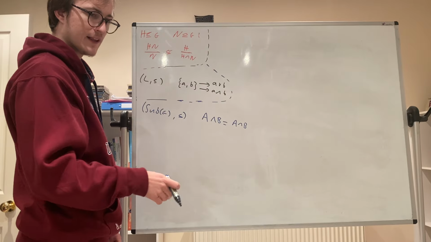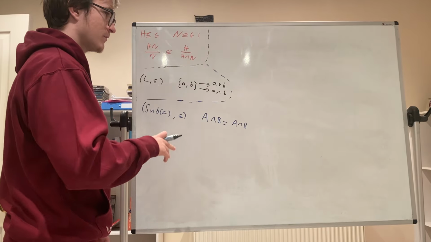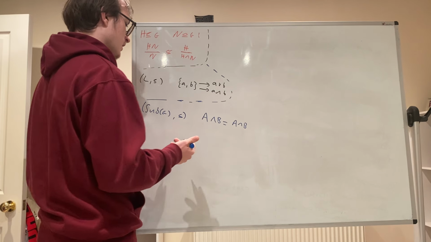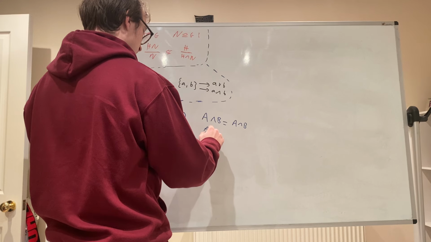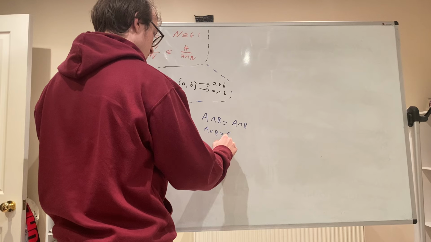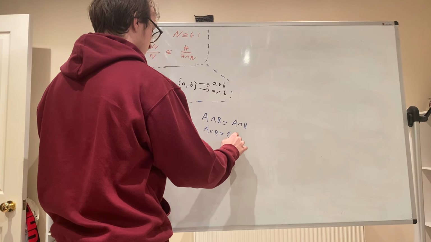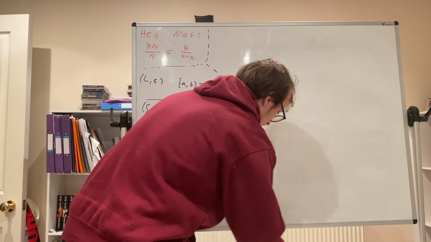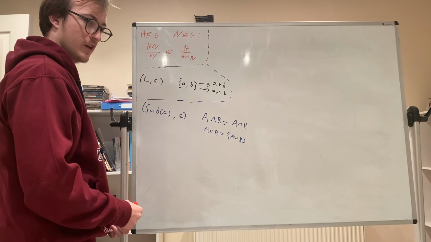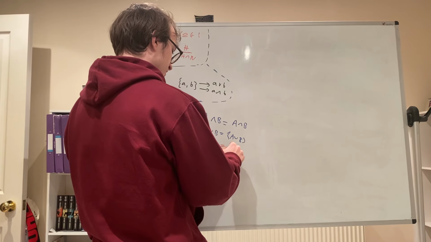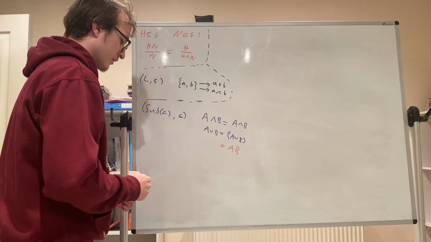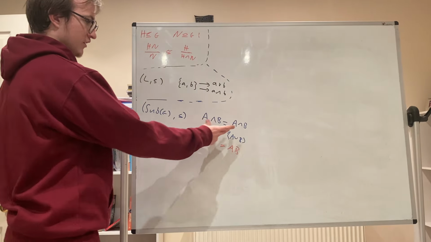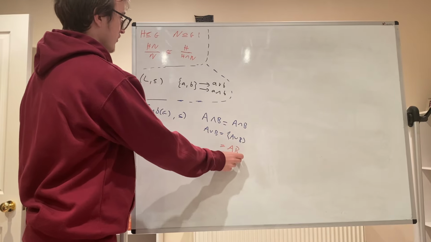We probably would like to take A union B, but that is definitely not necessarily a subgroup of G. So instead, we have to take the subgroup which is generated by A union B. And when A or B is normal, this can also be thought of as just the group product AB.